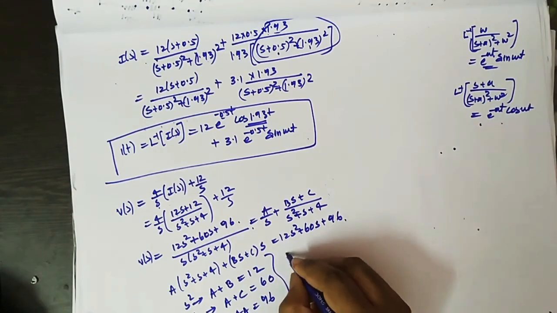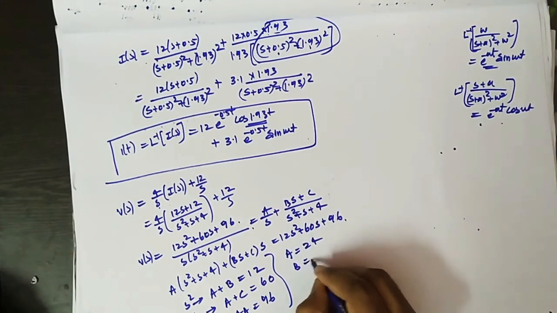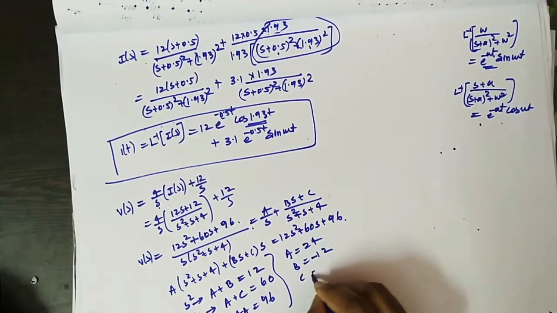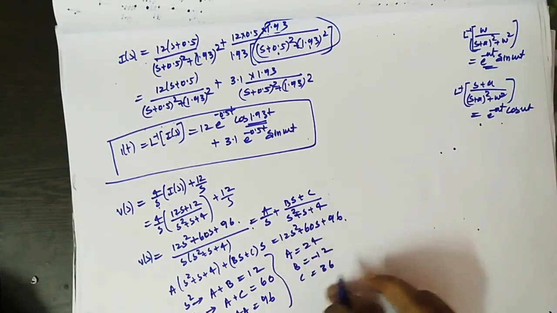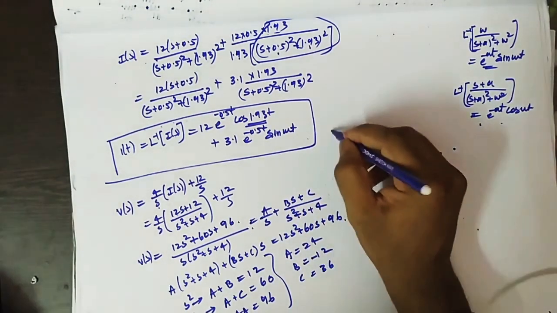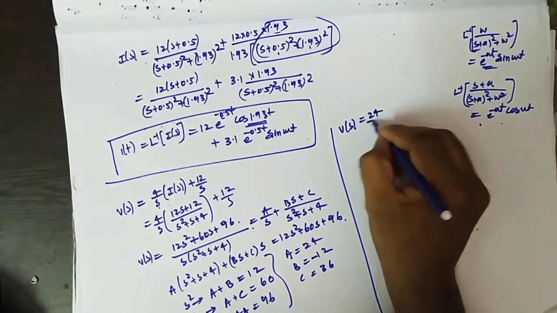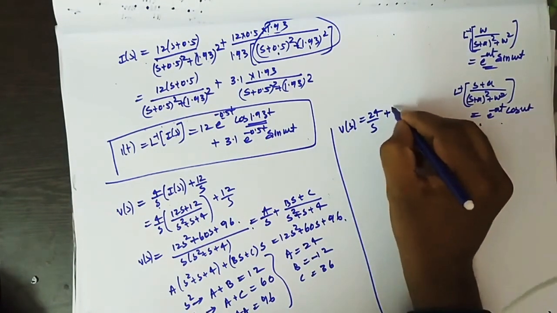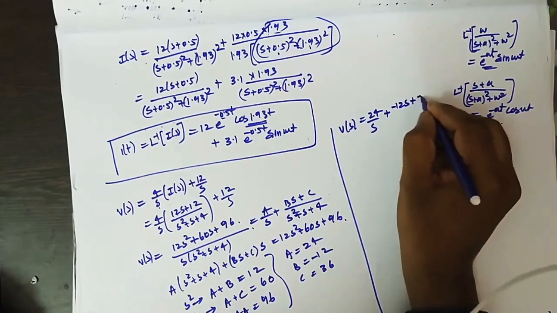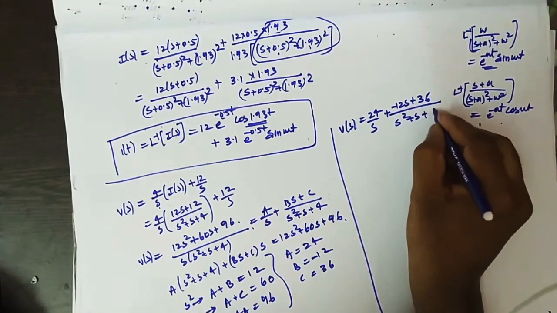Calculating these values you will be getting A equal to 24, B equal to minus 12, and C equal to 36. Replace these A, B, C values in this term. Now you will be getting V of s equal to 24 by s plus minus 12s plus 36 by s square plus s plus 4.